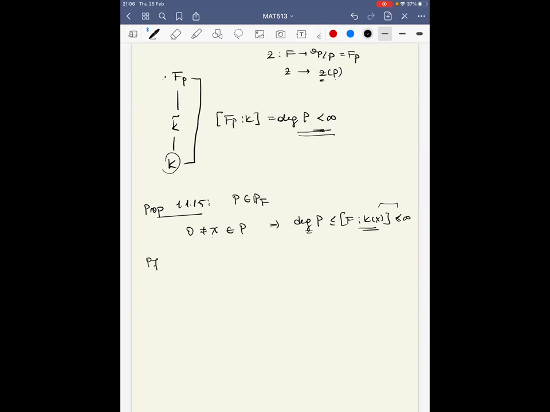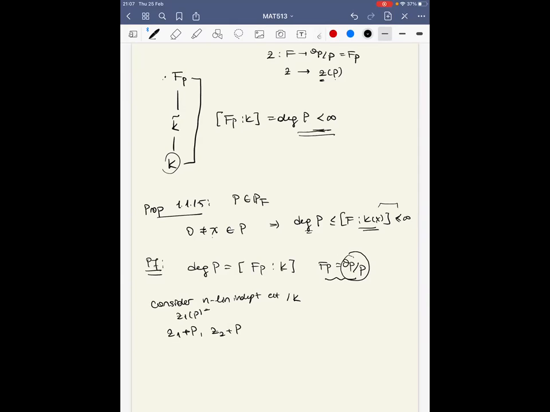In order to prove that, since degree P is defined as the extension degree of the residue class field over K, we consider n linearly independent elements here over K. This n is the extension degree, say z1 plus P, z2 plus P, and so on.